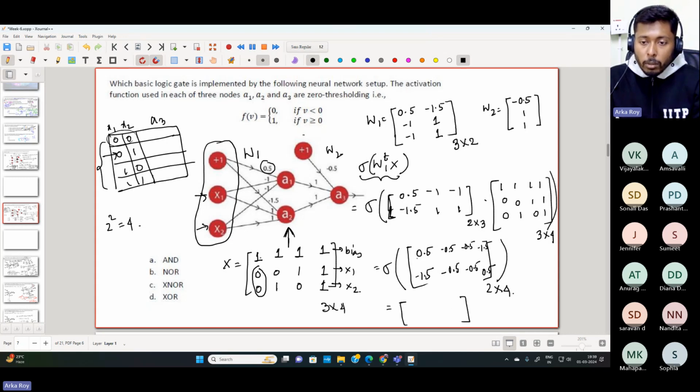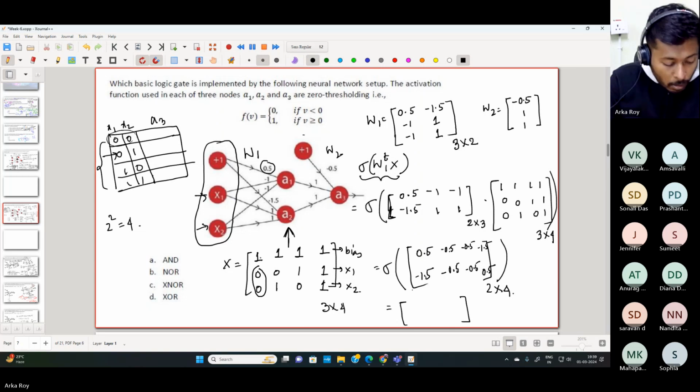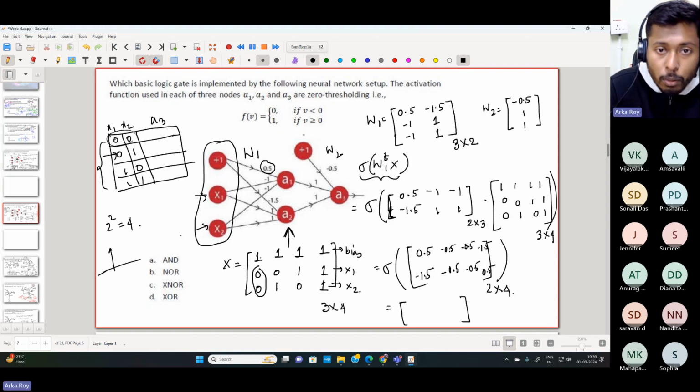Sorry, over here the function is given. So this is not sigmoid, this is f.